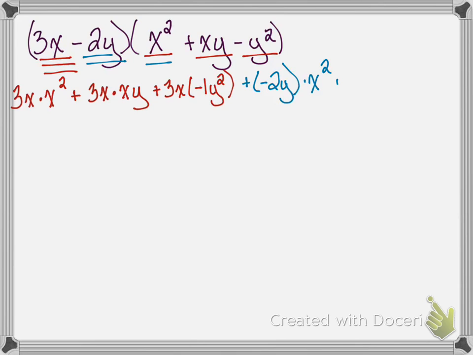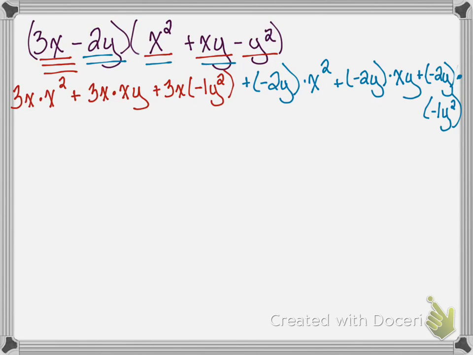Negative 2y times xy. Negative 2y times negative 1y squared.